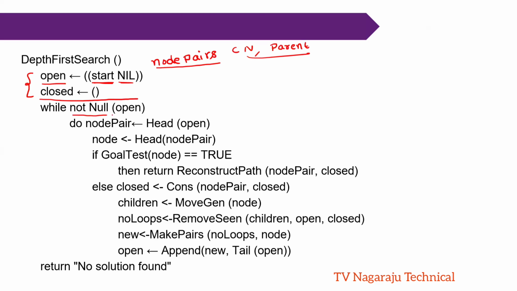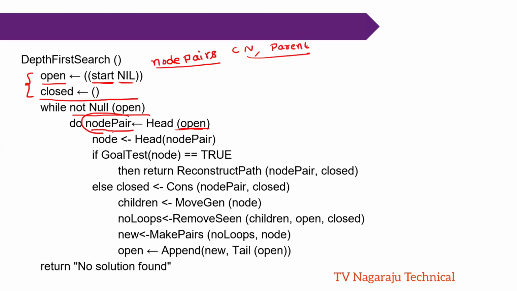Now, while not null of open means if the open is not empty, this loop continues until the open is empty. What happens here? Within this, take the node pair from the open, that means the first element from the open.